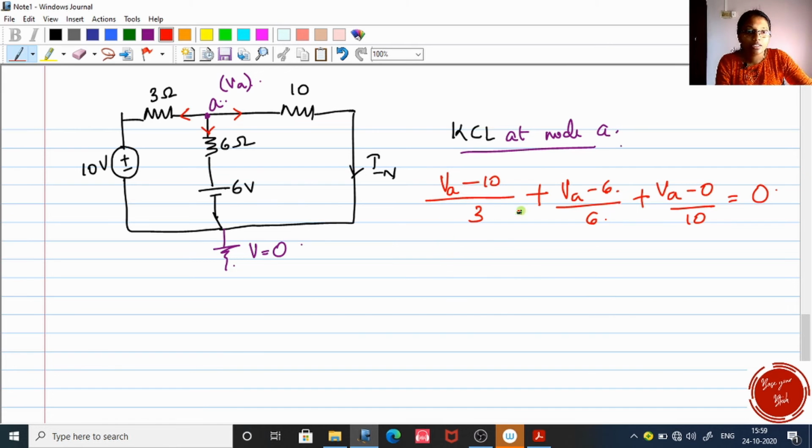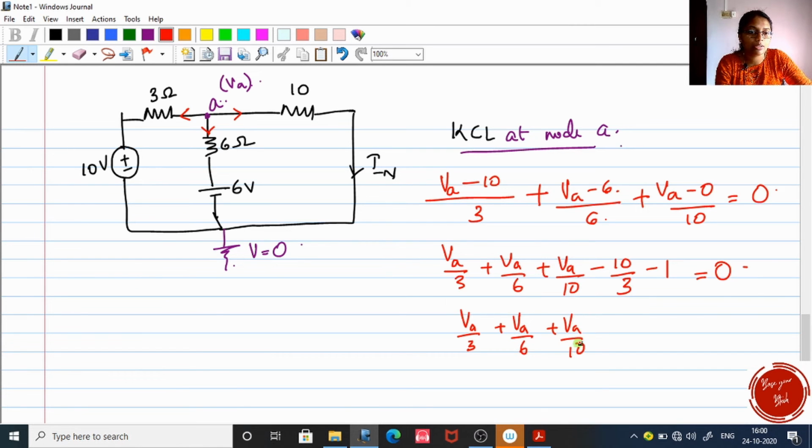So now solving it out, we will get the value for VA, that is VA by 3 plus VA by 6 plus VA by 10. Always collect all the unknown variables, I mean VA terms, on one side and the constant terms on the other. Let's collect now the constant terms, that is 10 by 3 minus 6 by 6, that's 1. So VA by 3 plus VA by 6 plus VA by 10 equals 1 plus 10 by 3.